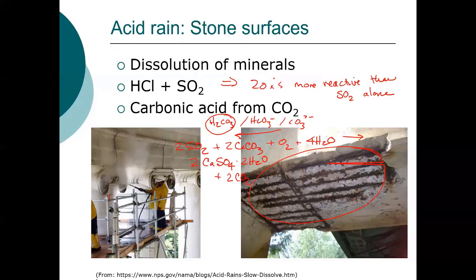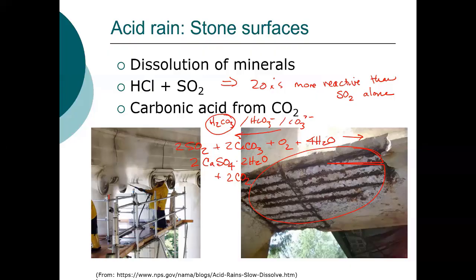So we're producing more CO2. That CO2, if we have water present, produces more carbonic acid, and it's this vicious cycle that results in the corrosion and destruction of the concrete.